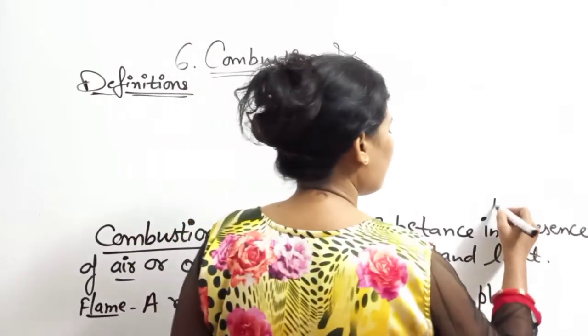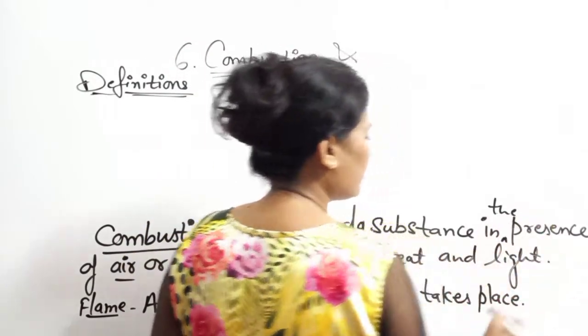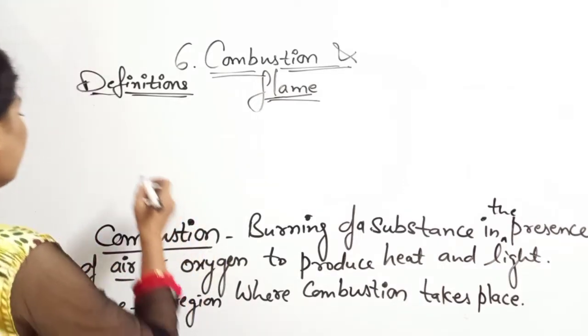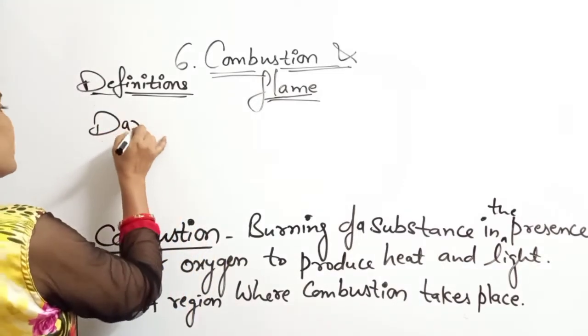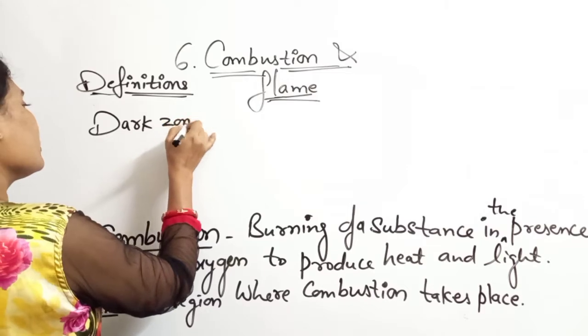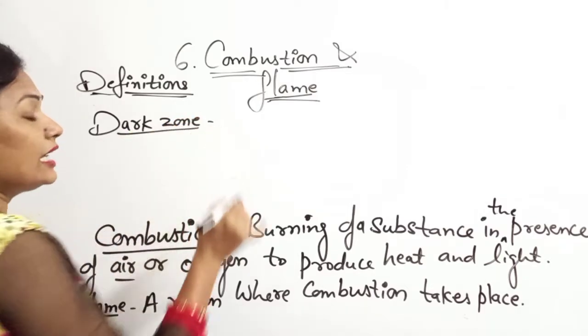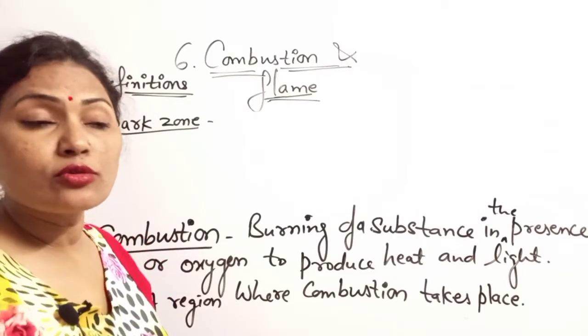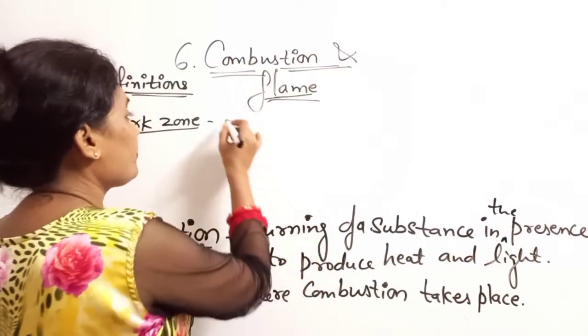Next definition we can write is dark zone. Dark zone is the innermost zone of a flame. So you can write the innermost zone of a flame.